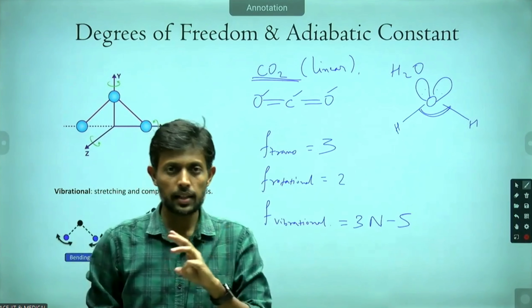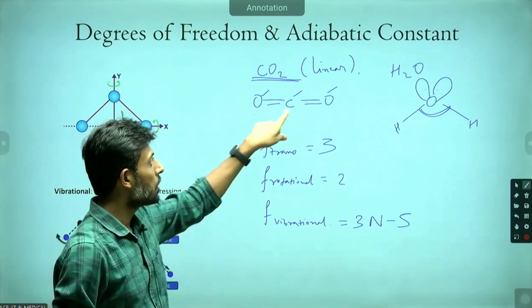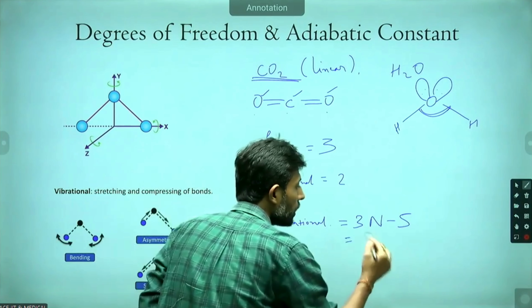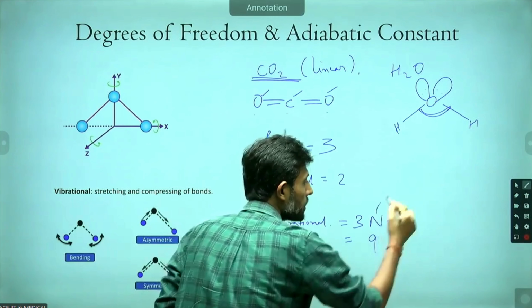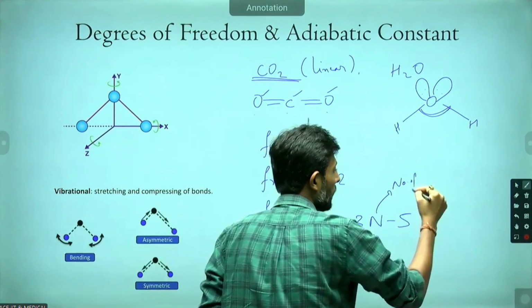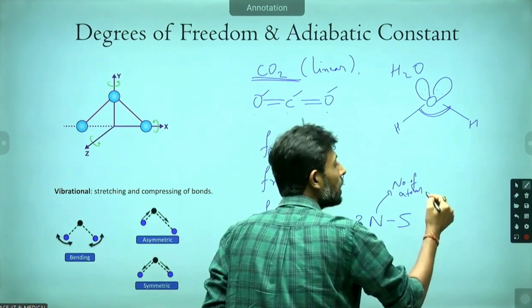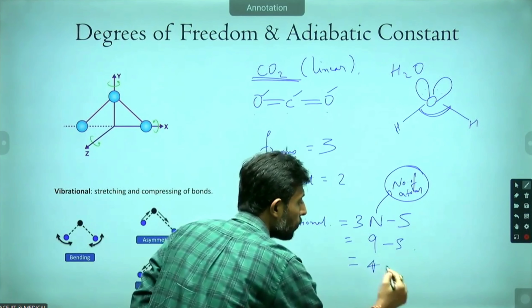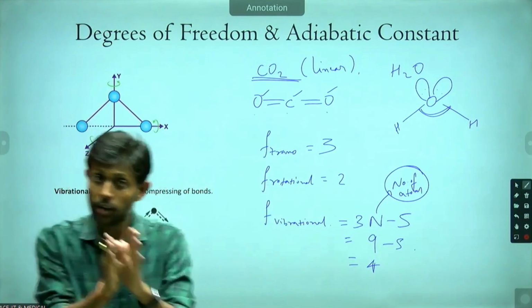That means x, y, and z. So 3 for this, 3 for this, 3 for this, total 9. 3 into 3, that is 9. This n is the number of atoms in a molecule. So 9 minus 5, 4 vibrational degrees of freedom are possible in this.